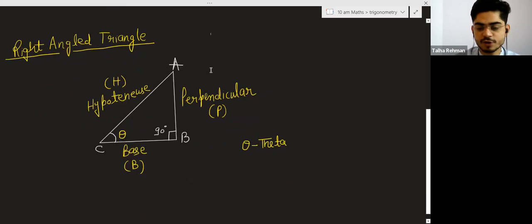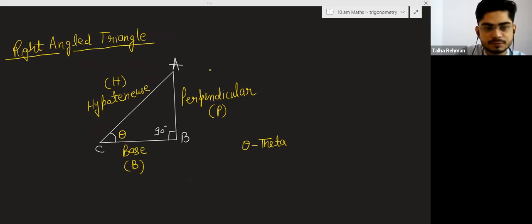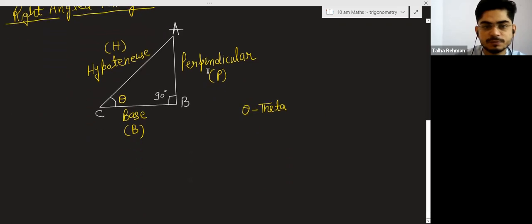And one thing more I want to tell you about this triangle. There is a theorem known as the Pythagoras theorem.